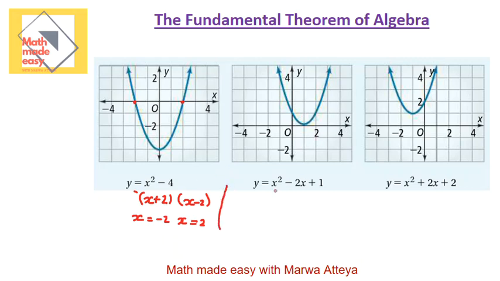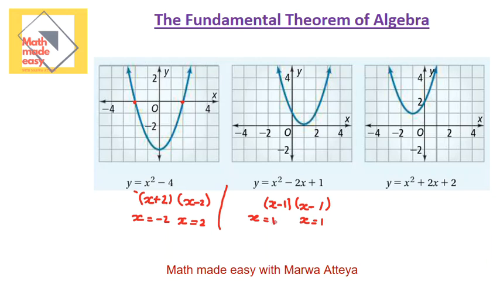Now, what about this one? If I factor, regardless of the graph, now this is x and this is x, I need two numbers that have the product of 1, which is specifically 1 and 1, positive or negative, depending on the sum. If the sum is negative 2, then that means both of them are negative. So in this case, x is equal to 1, and here x is also equal to 1. Well, this is one root. However, it happened twice, as we discussed before in our polynomial functions video about zeros and multiplicity.